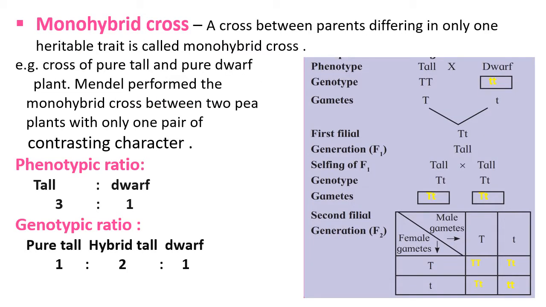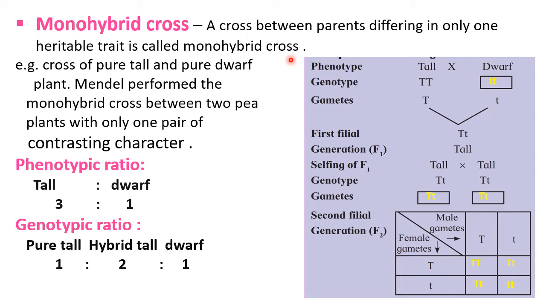Now we will study monohybrid cross. A cross between parents differing in only one heritable trait is called a monohybrid cross. Or we can also define it as, when there is a cross between two pure parents differing in one pair of contrasting characters, the cross is called a monohybrid cross.